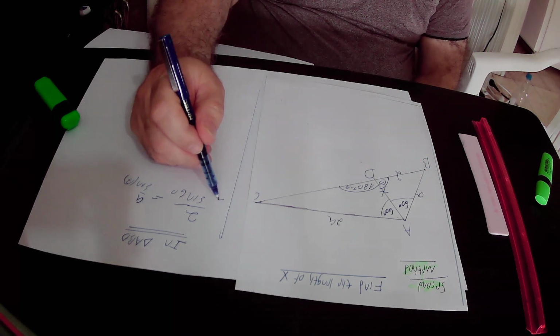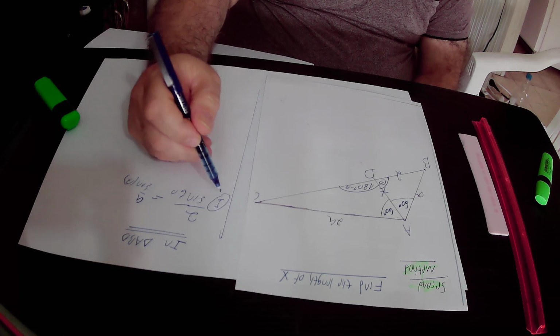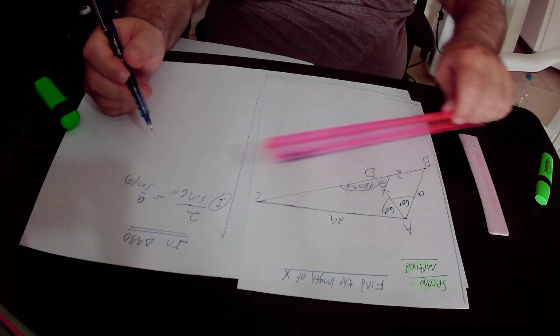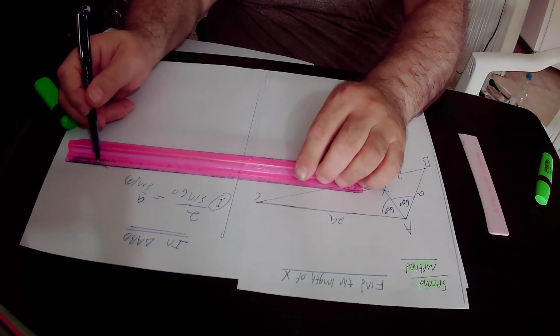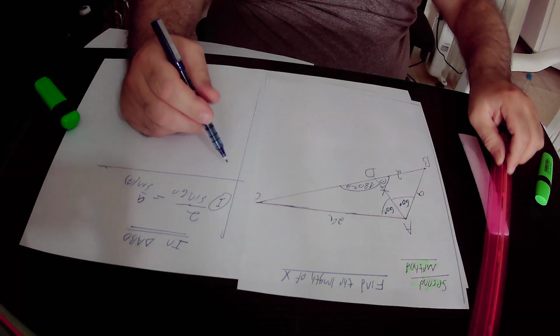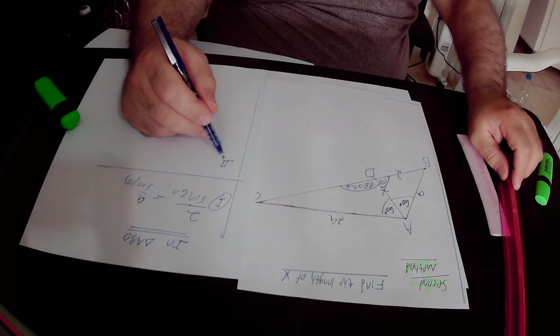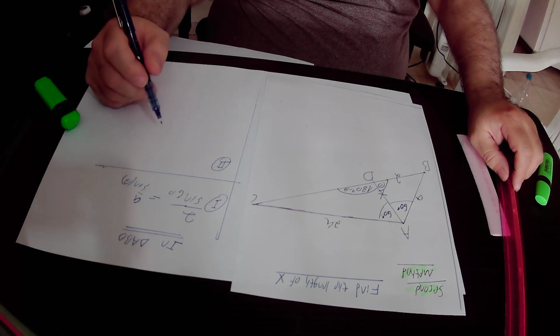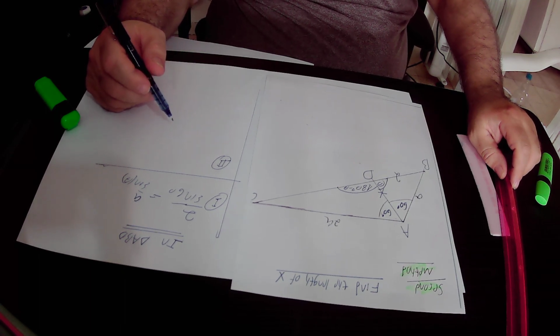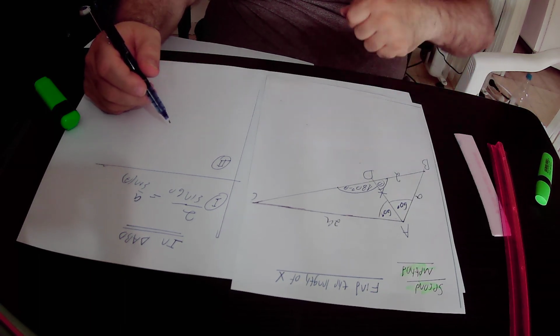This will be equation number 1. In the next step, we'll implement the law of sines in triangle ADC.